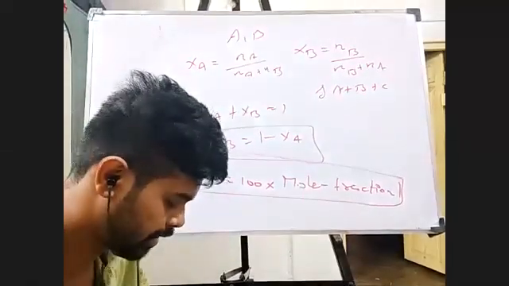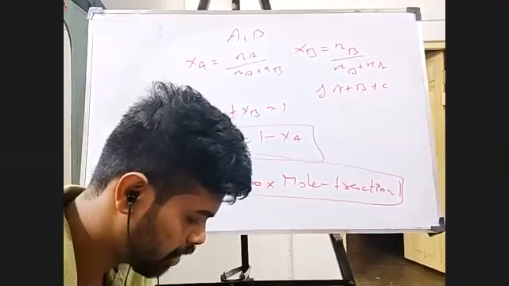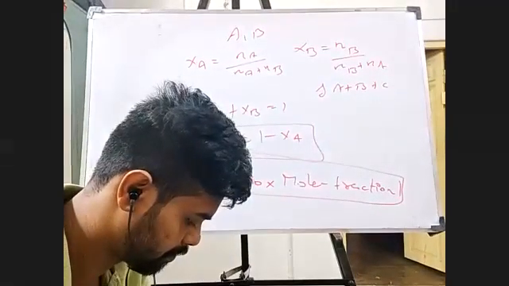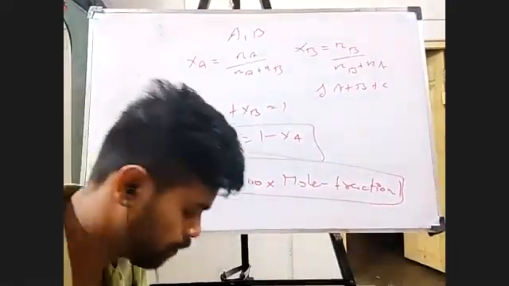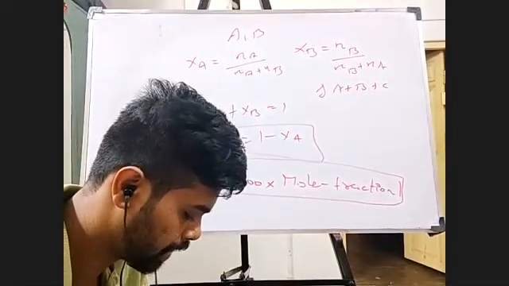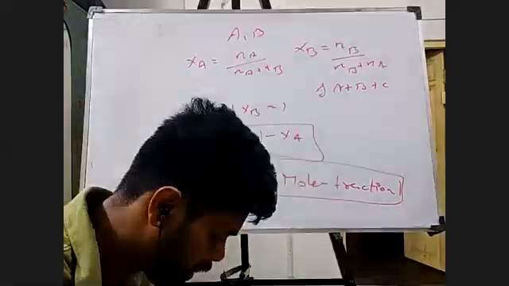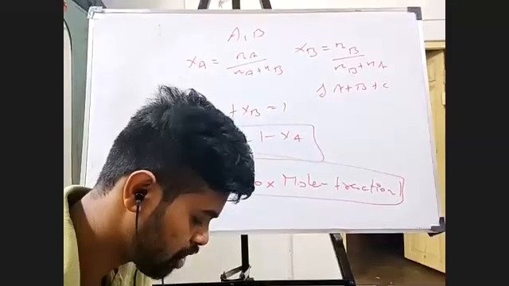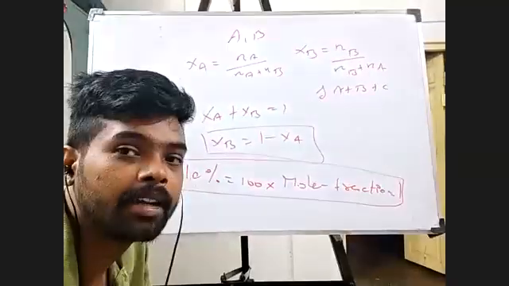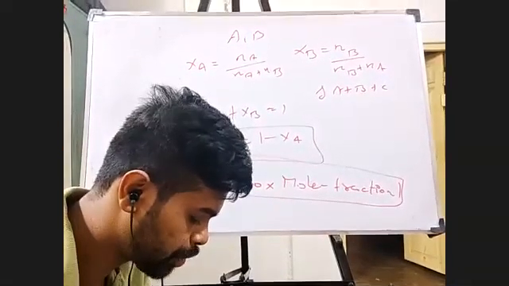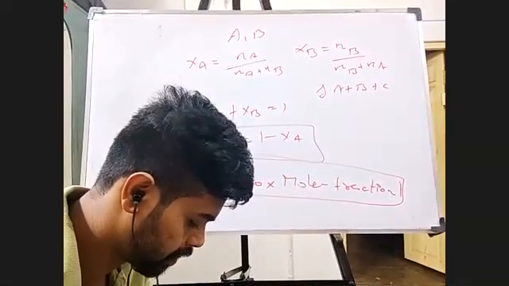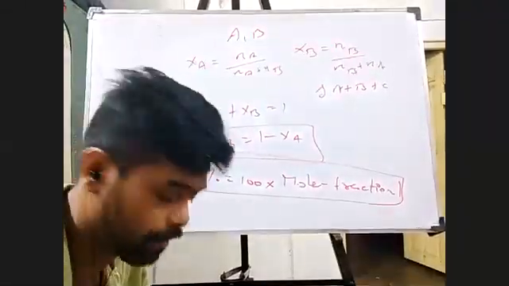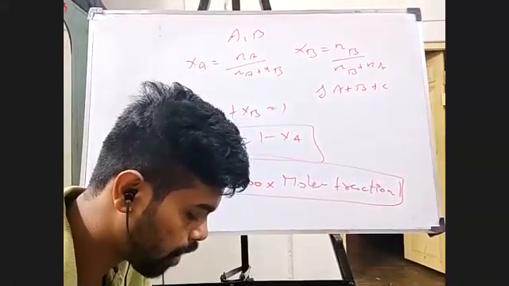A mixture contains 9.2 grams of ethanol, C2H5OH, and 18 grams of water.